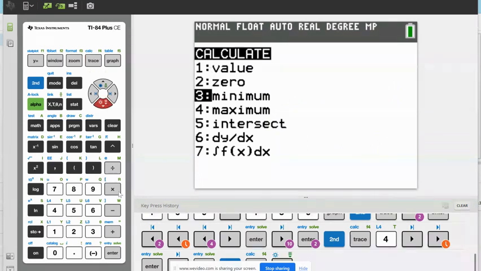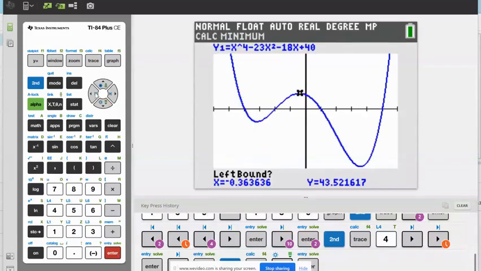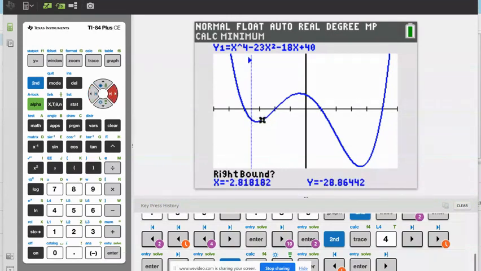We're going back to our minimum, and we're going to the left of that minimum, and to the right of that minimum, and pressing enter. We didn't do this part. Yeah, we did, but we found the y value. Now what am I looking at? The x. Now we want the x value. So what's this x value to 3 decimal places? Negative 3.175. Negative 3.175. So let's go back and write that down.